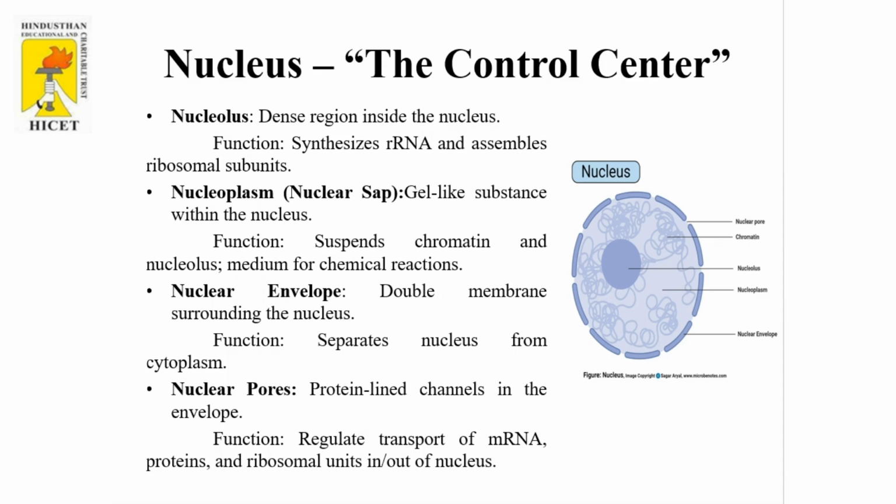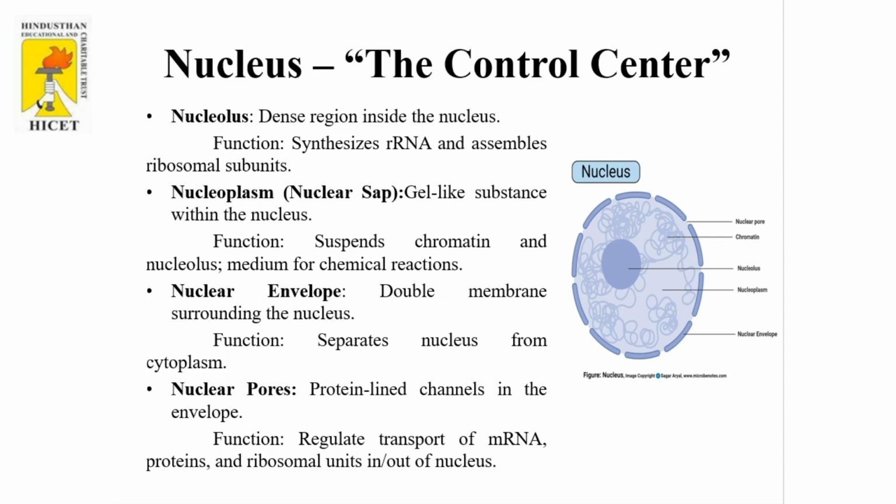The next part is the nucleoplasm, which is also known as nuclear sap, a gel-like substance within the nucleus. The function of the nucleoplasm is to suspend the chromatin and nucleolus, and it acts as a medium for the chemical reactions inside the nucleus. Next is the nuclear envelope, which is a double membrane surrounding the nucleus.